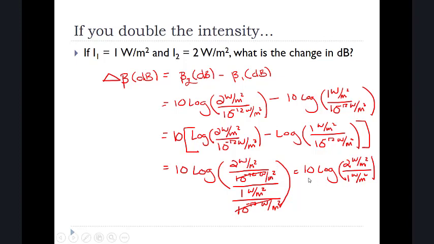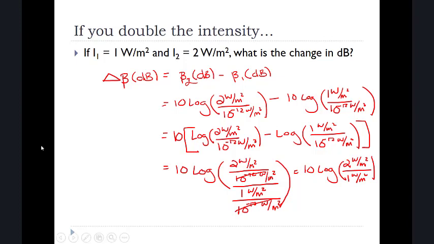I can now see why it wouldn't matter if I had 2 over 1 or 100 over 50, because I end up with a ratio, and 100 over 50 will reduce to 2 over 1. Okay, at this point, I can plug this into my calculator. 10 times the logarithm of 2, I'll put the divided by 1 in, even though it's not really needed.